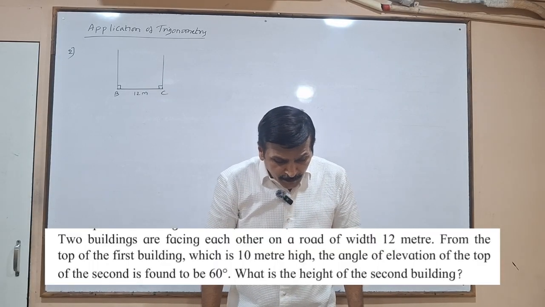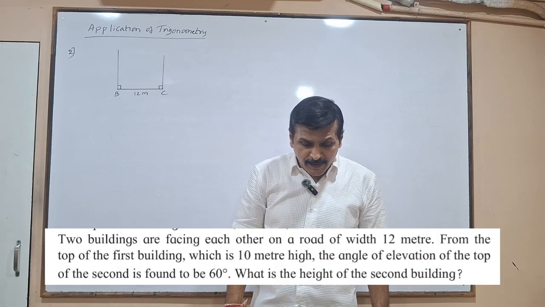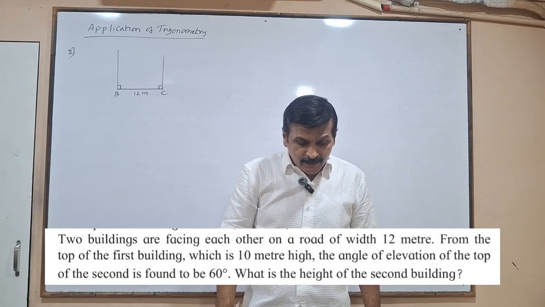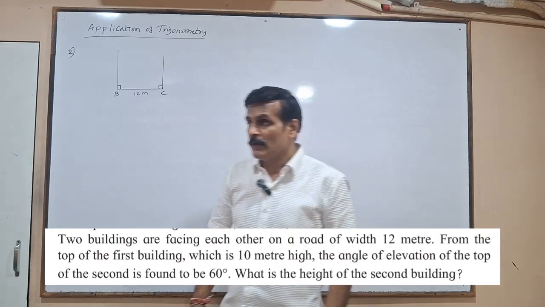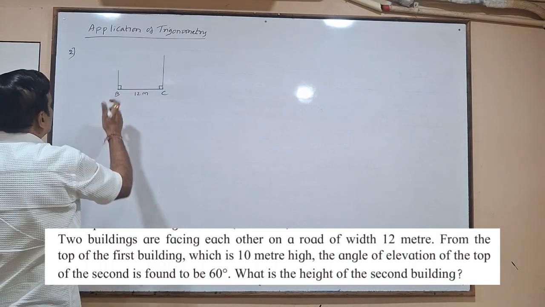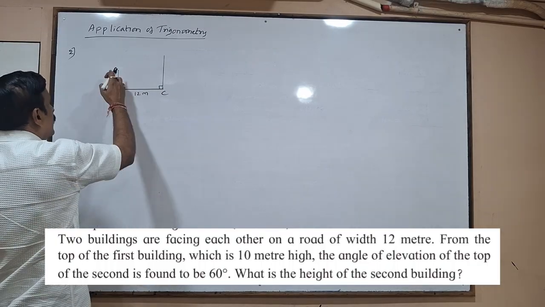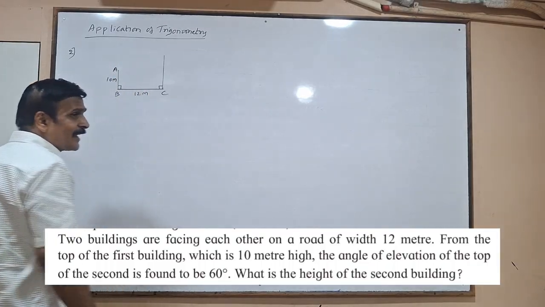From the top of the first building, which is 10 meter high, the angle of elevation of the top of the second building is found to be 60 degrees.